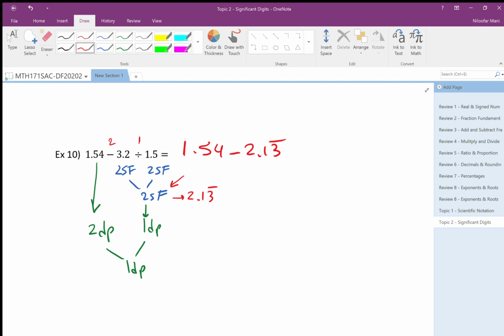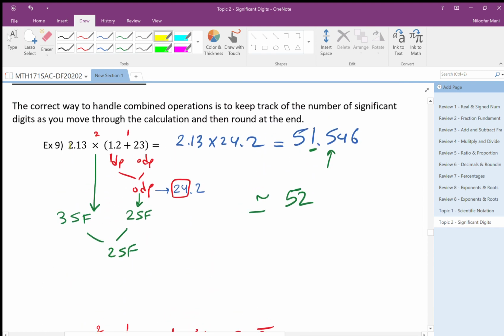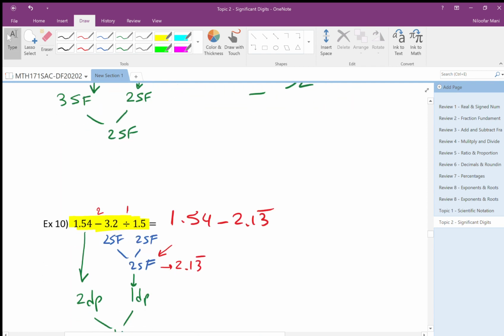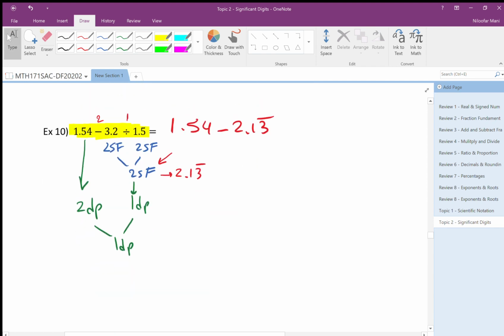You just have to use your calculator. Enter everything that I highlighted in yellow in question 9, all at once in your calculator, and your calculator gives you the answer.